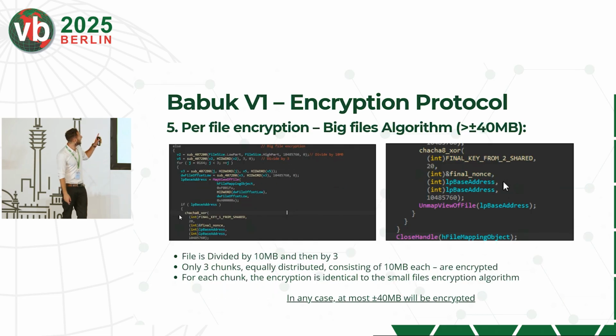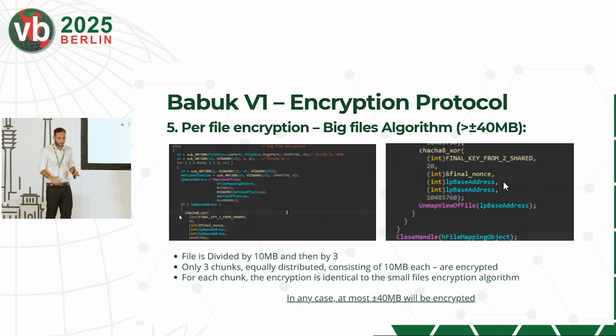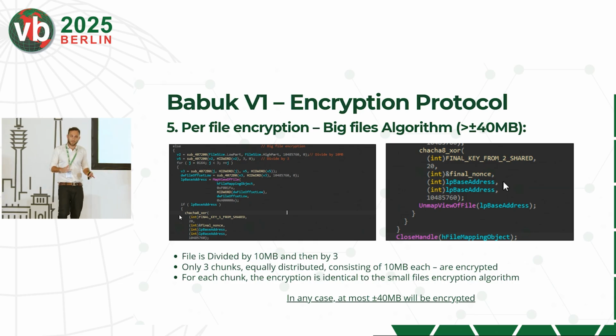And for big files, which are more than 40 megabytes, it divides the files into 3 chunks, takes 10 megabytes of each, meaning it encrypts 3 chunks of 10 megabytes each, pretty much equally divided into 3 parts of the file. Depending on how strong the encryption is or not, we can talk about it, and if maybe it would have been better to classify into file types, but that's what he did.